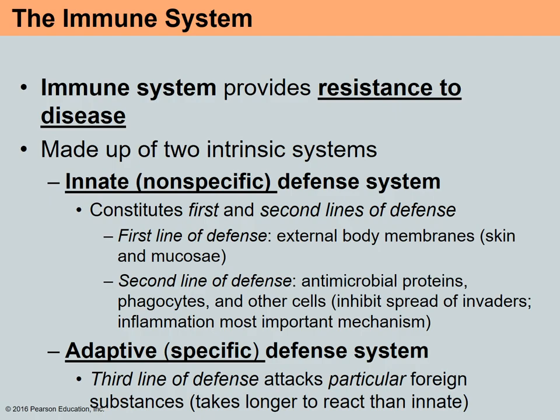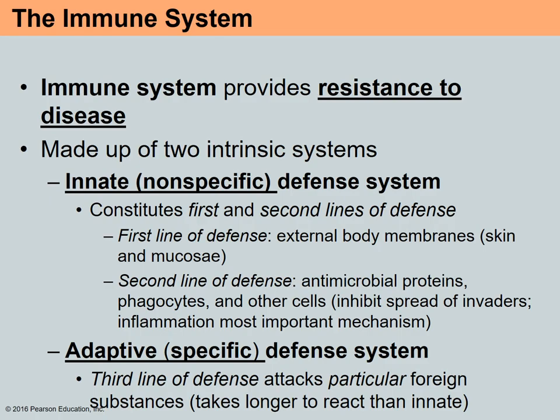The adaptive defense system is very specific. It's often referred to as the third line of defense. So it's what is going to respond to a very specific antigen. And so it's a response, say, to E. coli. It's a response to the influenza virus H1N1, and that can distinguish it from H1N2, a different strain of the influenza virus.